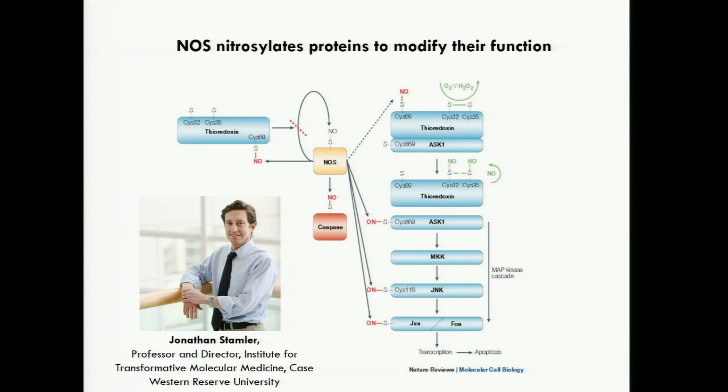So the nitrosylation of proteins is a reversible process that modifies their activity. He's primarily studied these signaling cascades in the cytoplasm. That's where most of his work has been. We're moving into the nucleus. We're going to see what role this system has in the nucleus and in modification of epigenetic factors.